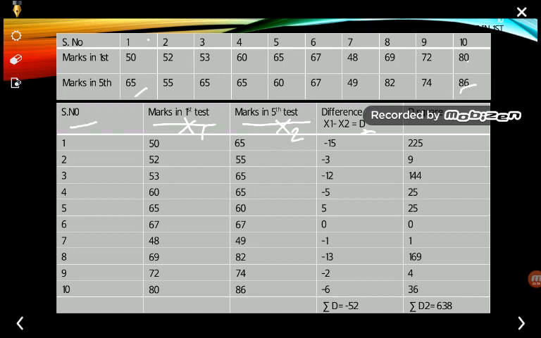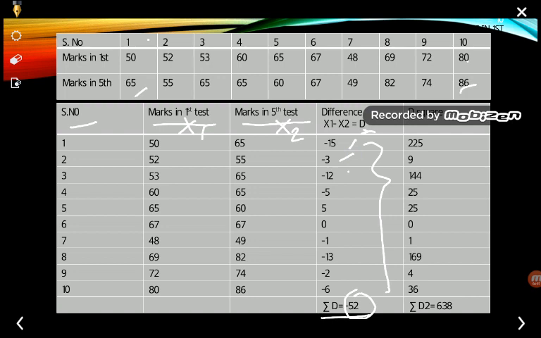So we can write x1 minus x2. This 50 minus 65 will give you how much? Minus 15. Similarly, 52 minus 55 will give you minus 3. Similarly, we have to subtract all the numbers, and then we have to sum up all of these. After the summation, we will get minus 52. So how do we get minus 52?